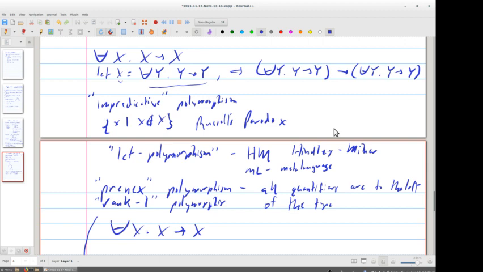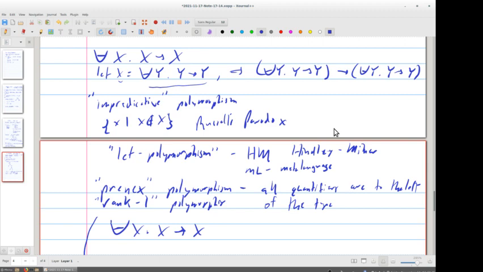Okay, so we can explore how to implement this kind of polymorphism in a language with type inference. So that the programmer doesn't have to specify any types at all, and the type checker can infer the types. And the thing is, it can infer even polymorphic types.